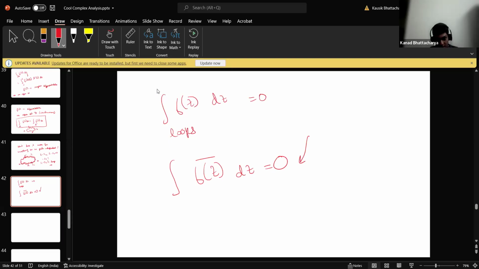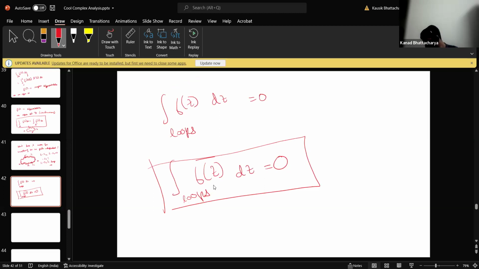Because if you take the complex conjugate of this, the conjugate distributes out to the dz, and then we just flip the sign. So don't worry about it that much. We're going to prove this statement instead, and there's a really nice geometric way to prove this expression.